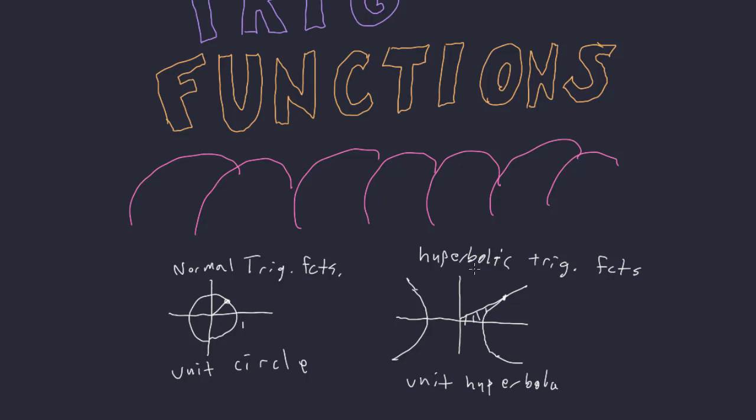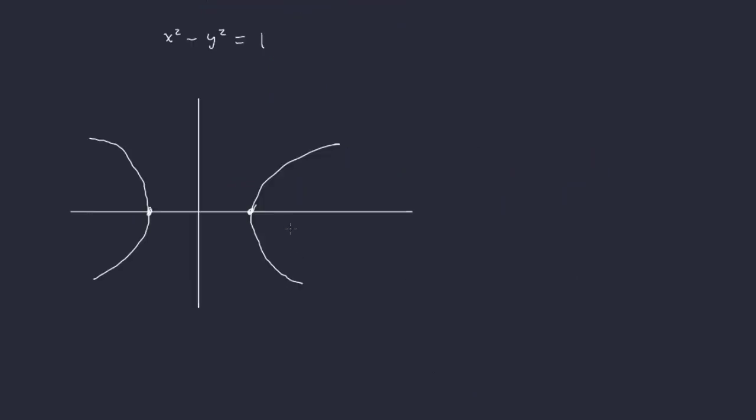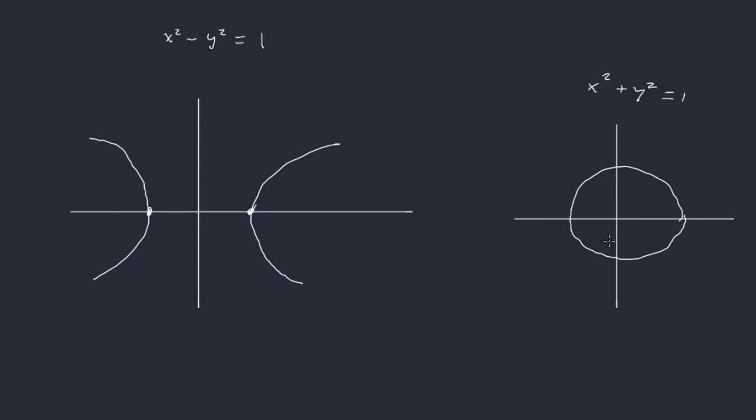Okay, so let's get into their definition and start breaking these down. The unit hyperbola is given by this formula here, x squared minus y squared equals 1. It's one of our conic sections. The unit circle, of course, is given by x squared plus y squared equals 1.